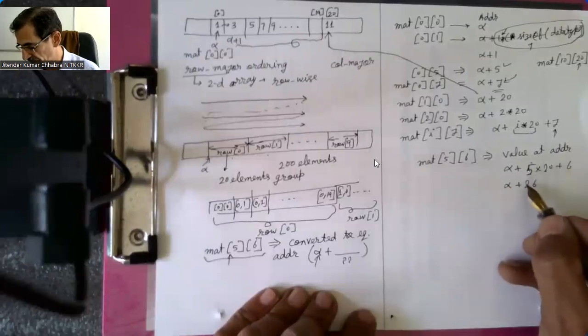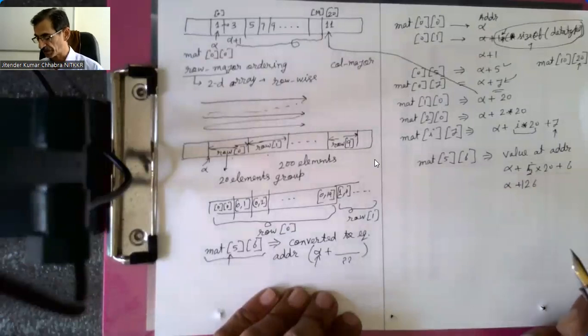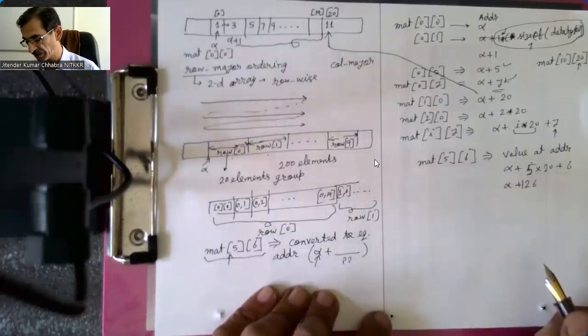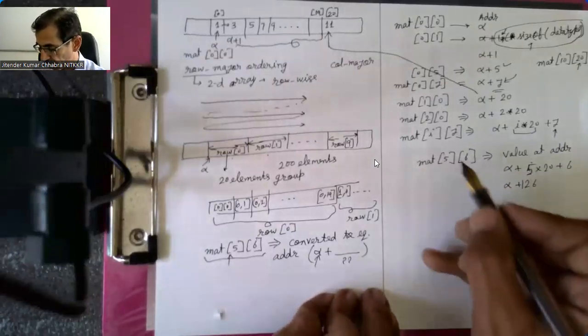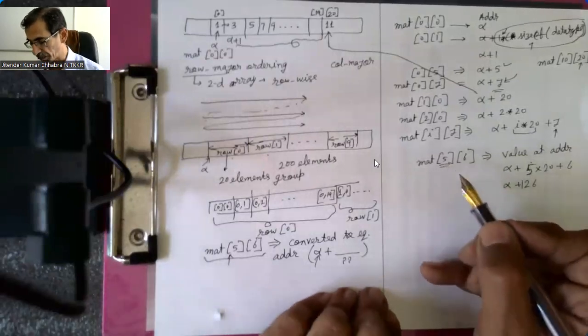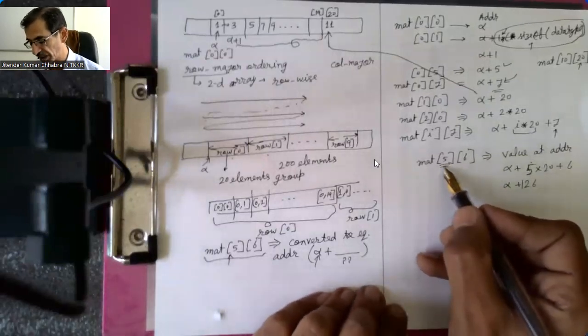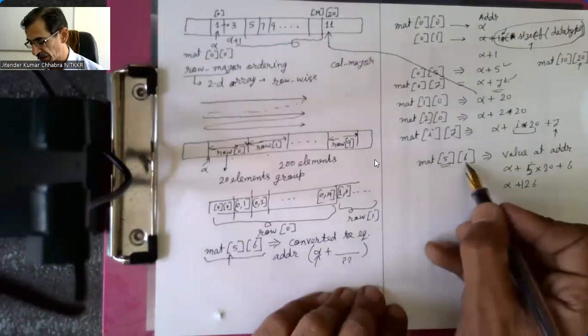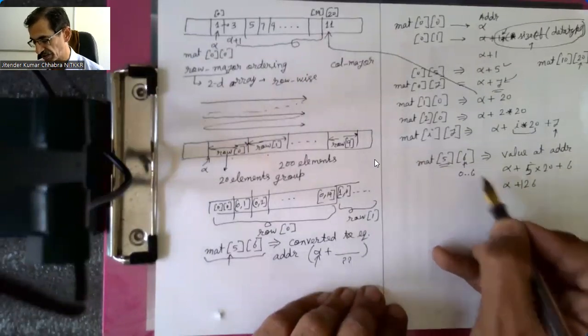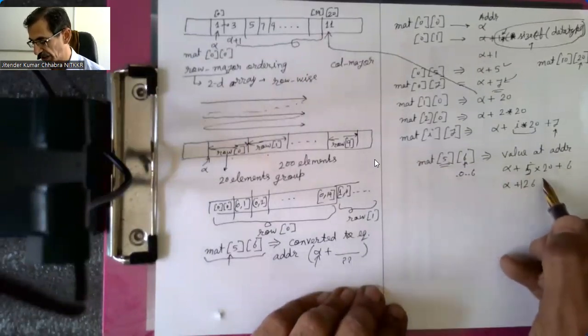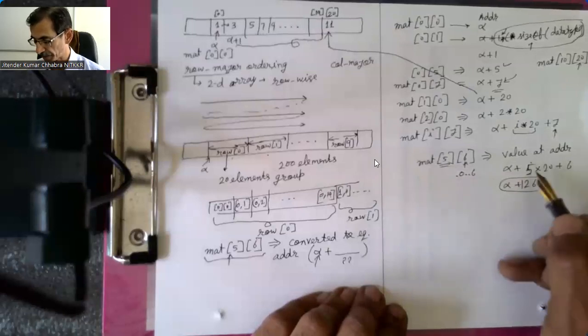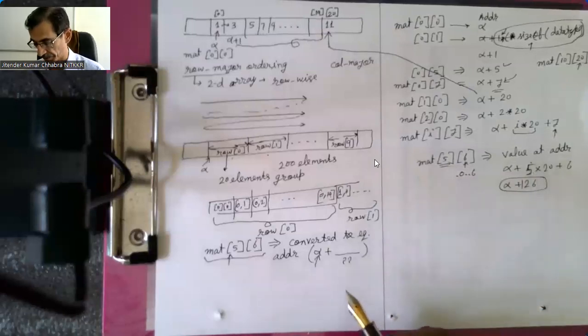No, sorry, alpha plus 5 into 20 is 100, so 126. So alpha plus 126, that is the 127th element. And obviously 5 rows completed, 0 to 4 completed means 5 rows completed, 100 values. 6 means 0 to 6, that is the 7th value. So this is effectively the 127th value. This is how it is working.